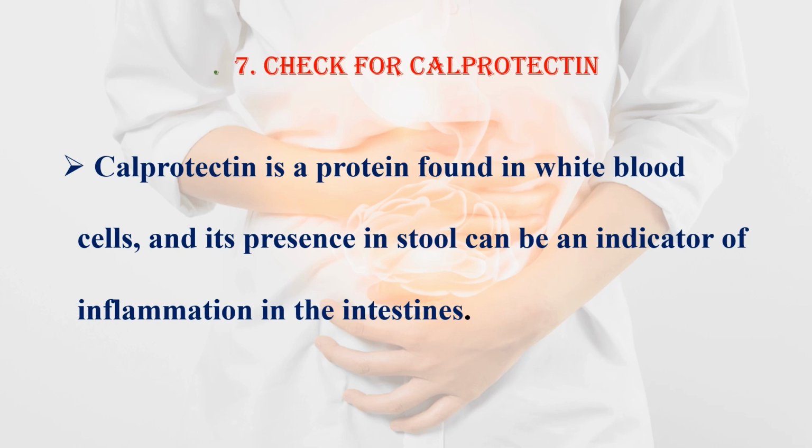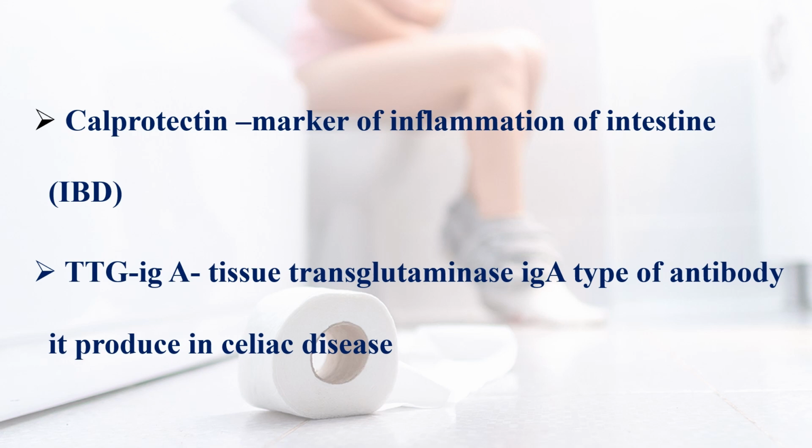Seventh one is check for calprotectin. Calprotectin is a protein found in the white blood cells, and its presence in stool can be an indicator of inflammation in the intestines. Calprotectin is a marker of inflammation of the intestine, IBD.